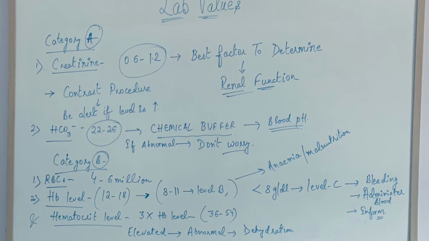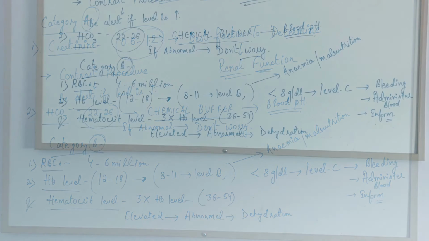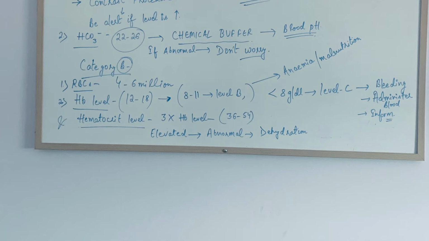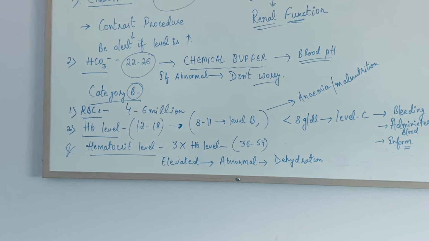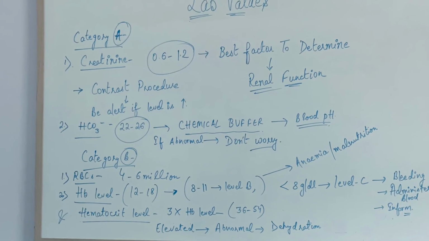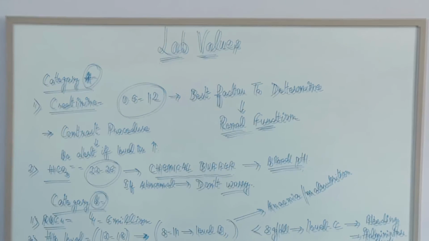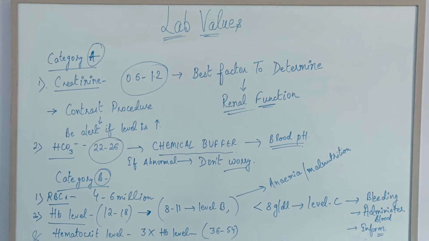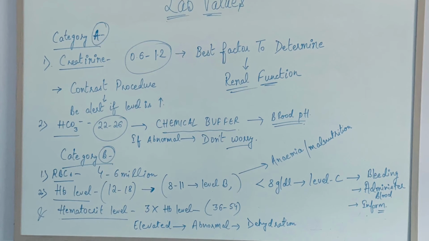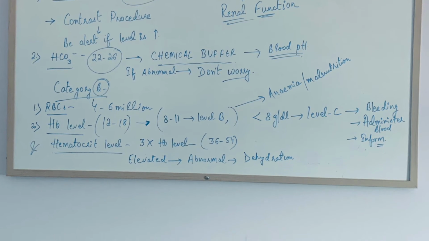Okay, and if the level is less than 12, for example 8 to 11, then it's level B. Okay, if it's level B, then you have to assess for anemia, or there can be underlying malnutrition. You just have to assess the condition and assess for the reason behind low levels of HB.